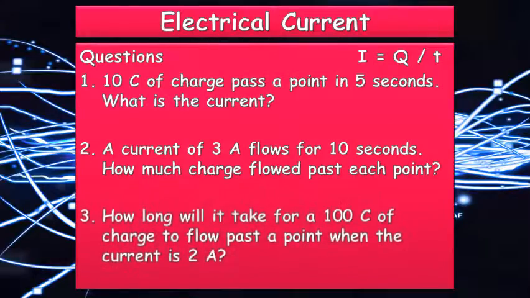And the final question: how long will it take for 100 coulombs of charge to flow past a point when the current is 2 amps? Again, pause the video now. Welcome back. Again, look at the variables. We have a charge Q of 100 coulombs and a current of 2 amps.